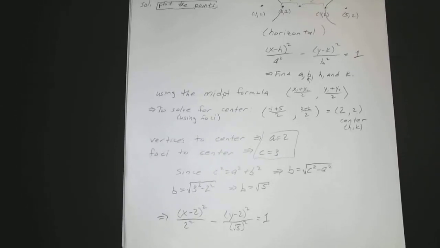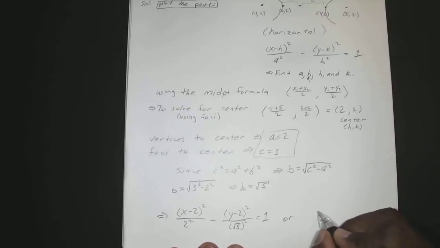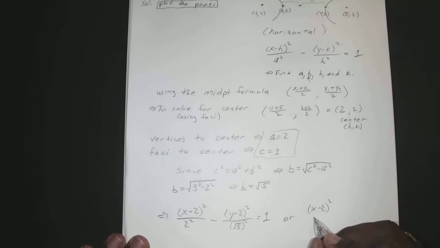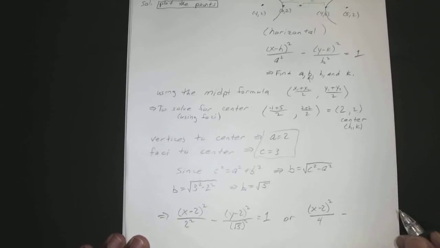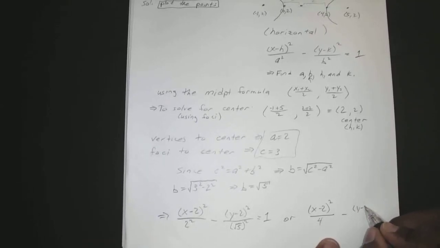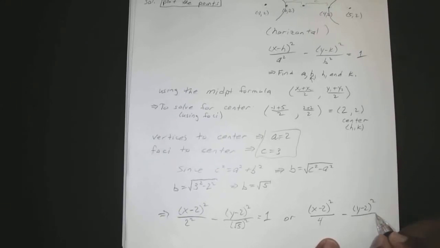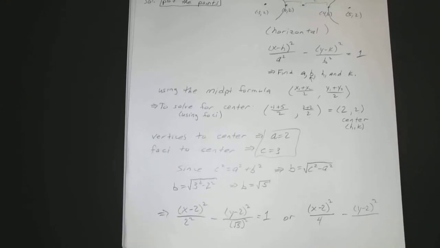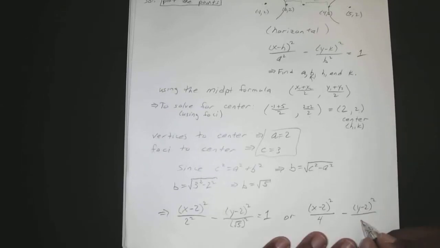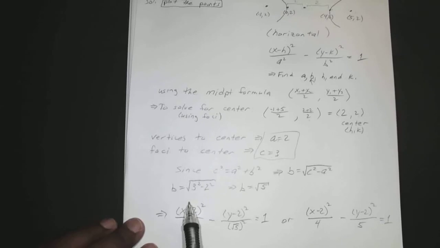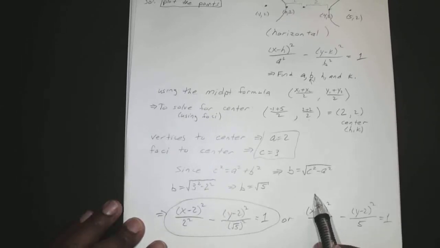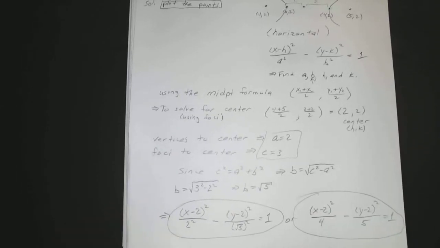Now, if you wanted to simplify that, you could. So x minus 2 squared, instead of 2 squared, you could have it over 4. Minus y minus 2 squared. Instead of square root of 5 squared, you can just make it 5. Equals 1. Okay, so each problem should tell you exactly which form they want it in.